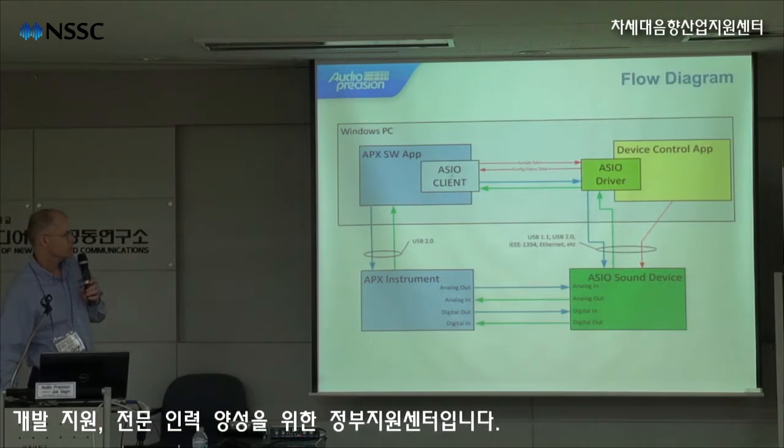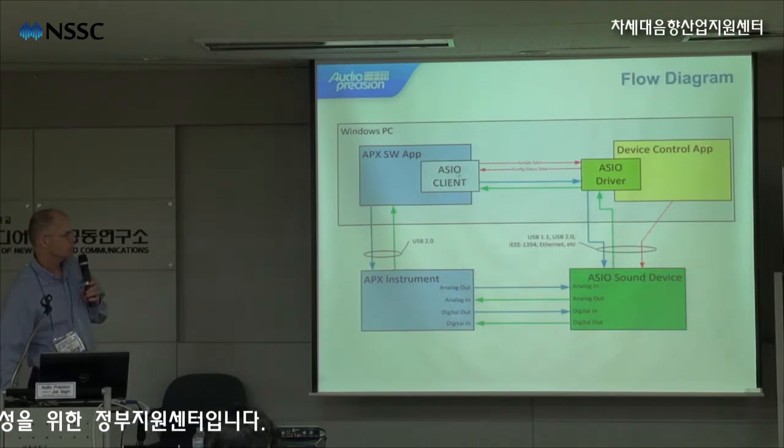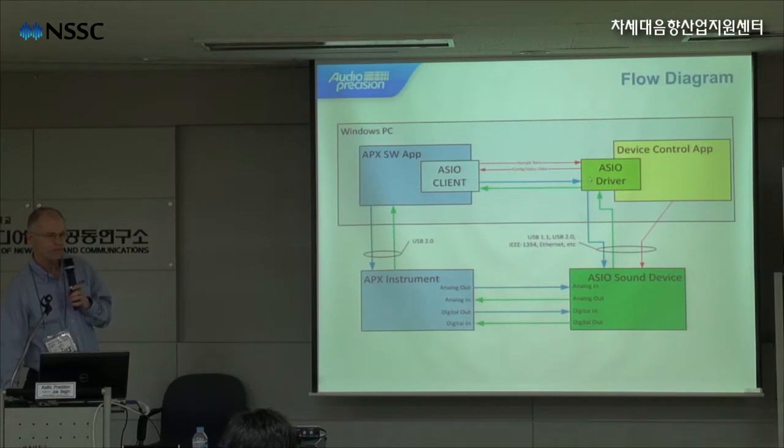Inside the PC, the ASIO client within APX communicates with the ASIO driver for the device. And then we can connect our analog outputs to the device's analog inputs and vice versa. Same thing with the digital outputs and digital inputs.